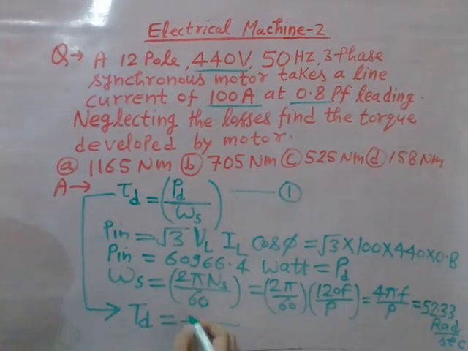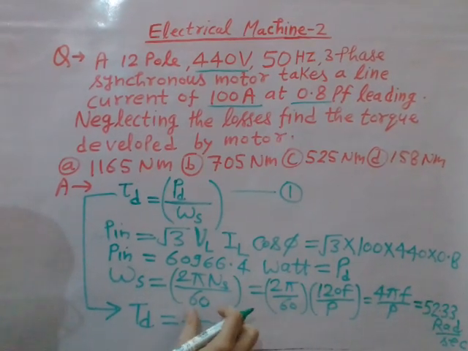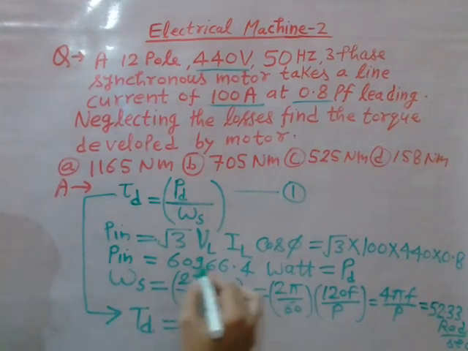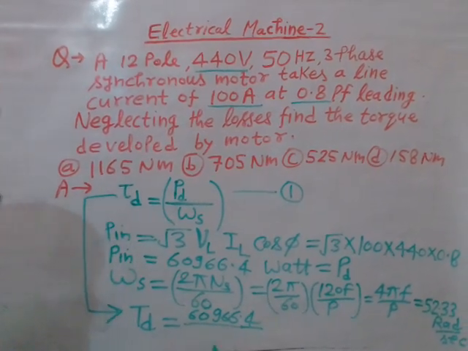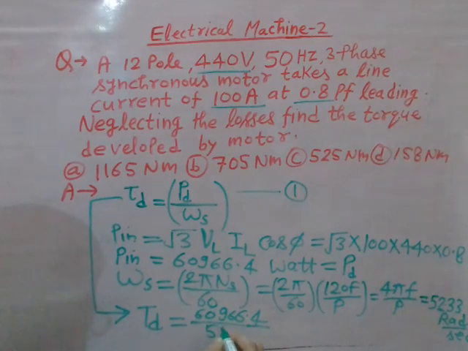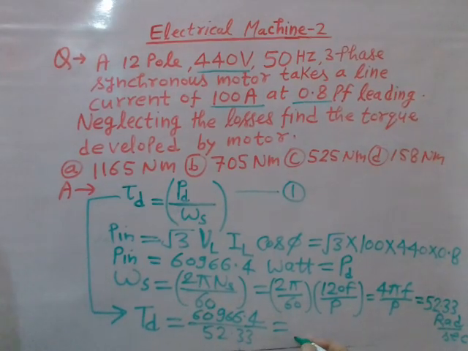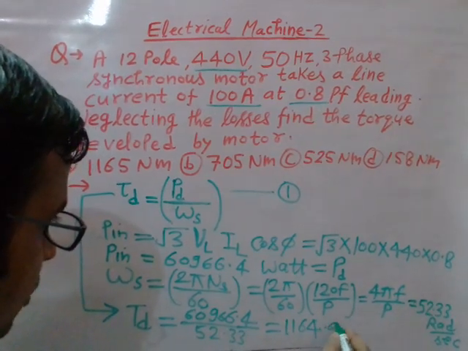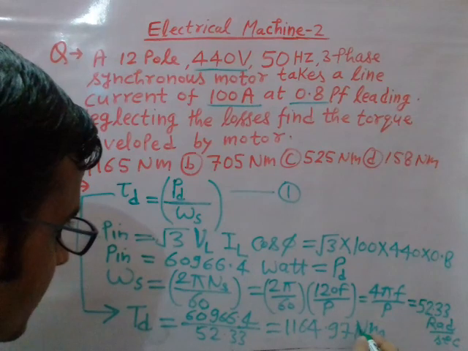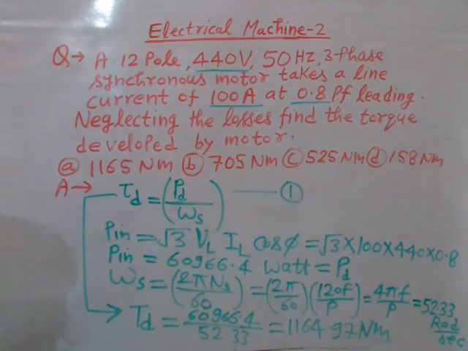So torque developed equals 60966.4 watts divided by 52.33 radian per second, and it comes out to be 1164.97 Newton meter, right? This is approximately equal to 1165.